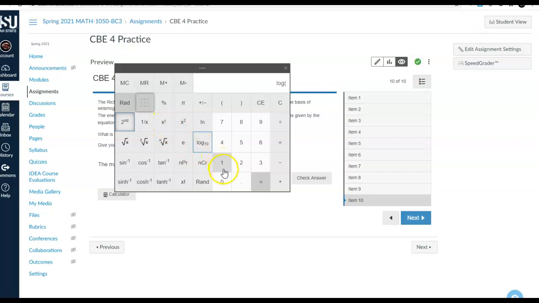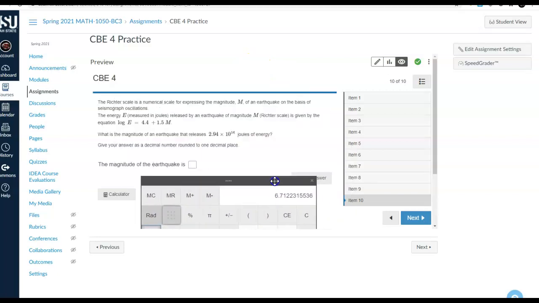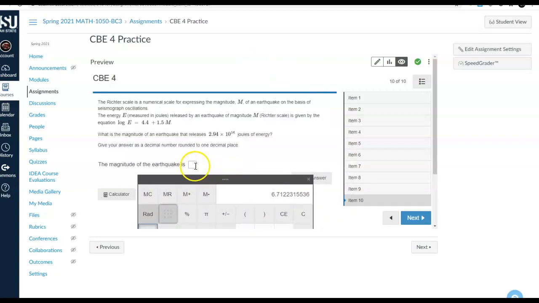So log of 2.94 times 10 to the 14. That's what that equals, and then I'm going to subtract 4.4, and then divide by 1.5, and that'll give me my magnitude. So to one decimal place, 6.7.